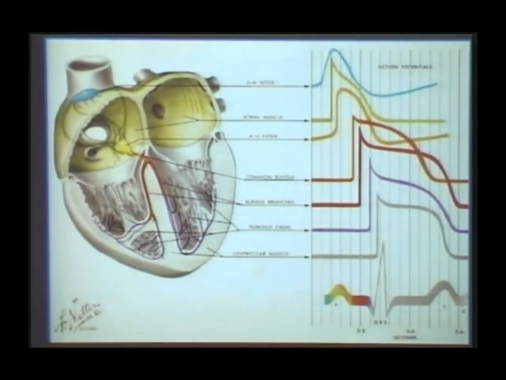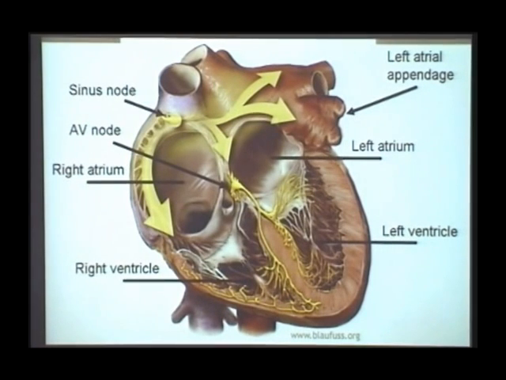Then once the sinus node produces the impulse, it travels through the atrium and through three interatrial pathways to reach a very important area in the heart, which is called the atrioventricular node. So here the impulse from the sinus node reaches the AV node through the atrium itself as well as through intra-atrial pathways. The atrioventricular node is a speed breaker.